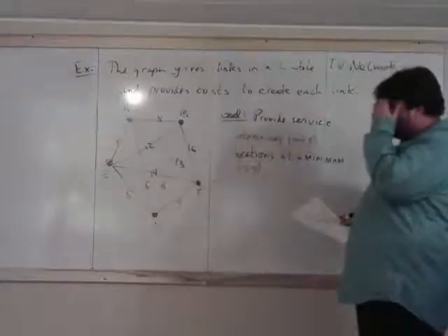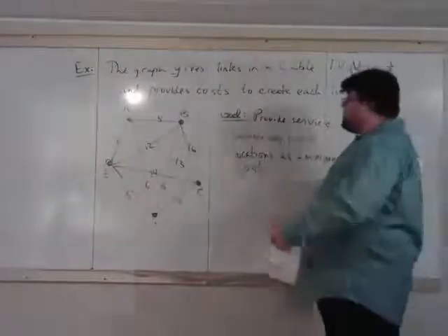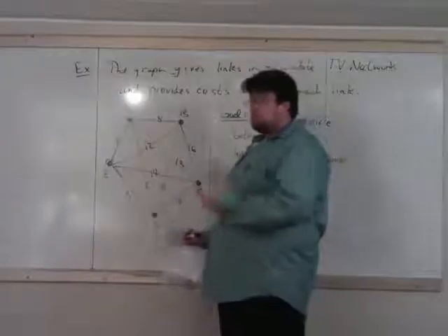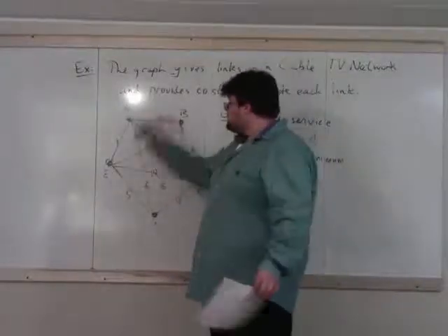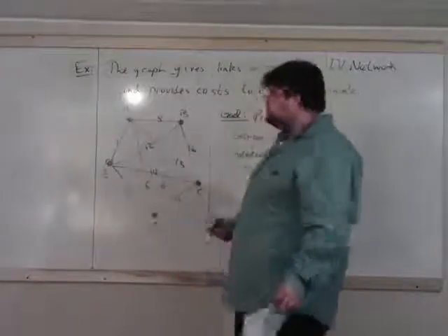So right here, what we want is a minimum cost spanning tree, because if we have a tree that hits all the vertices, then we'll be able to connect any one to any other.